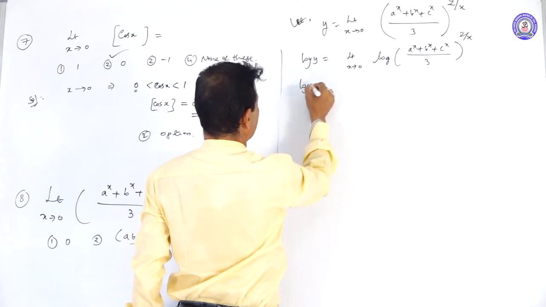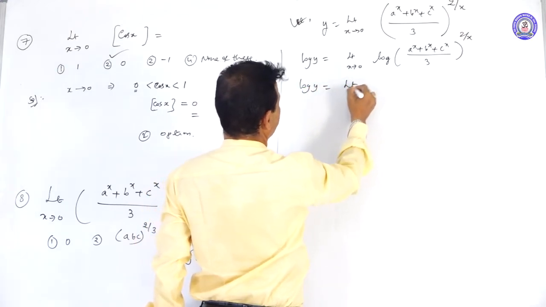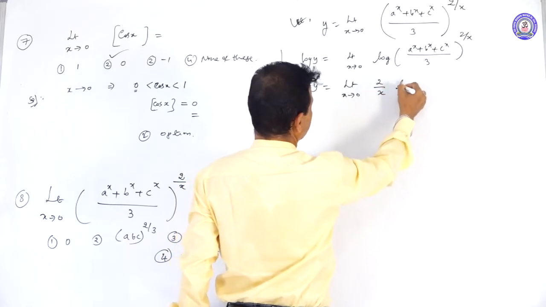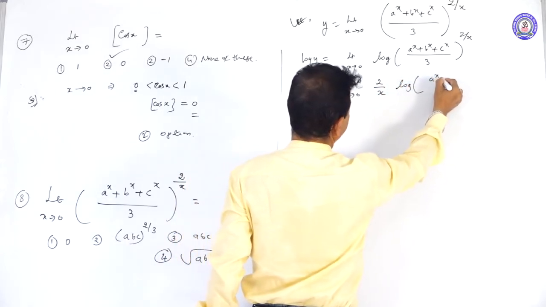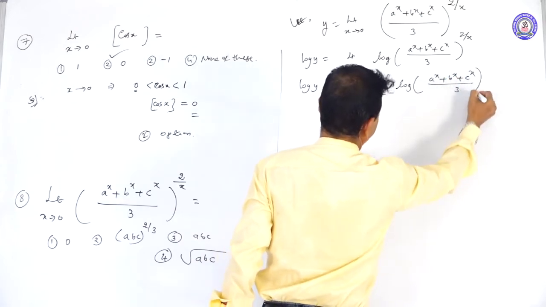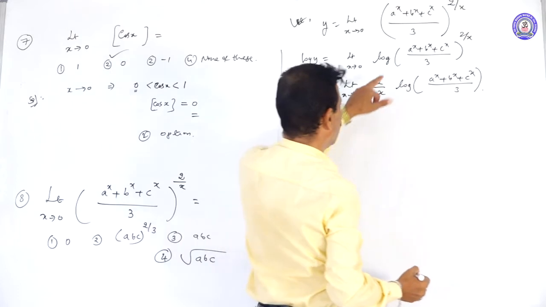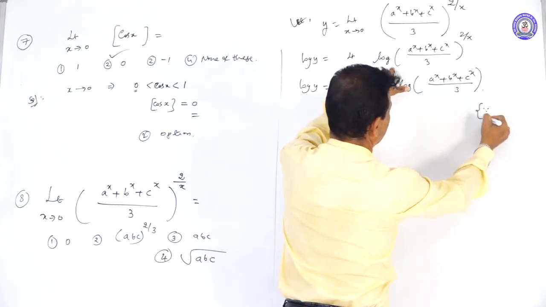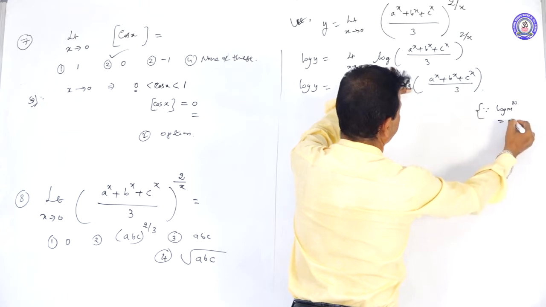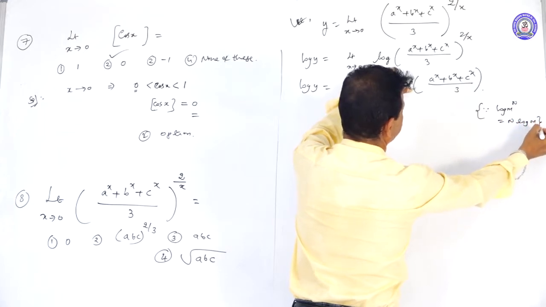After this, log y is equal to the limit as x tends to 0, with 2/x coming outside, of log((a^x + b^x + c^x)/3). This is by the formula log m^n is equal to n log m.